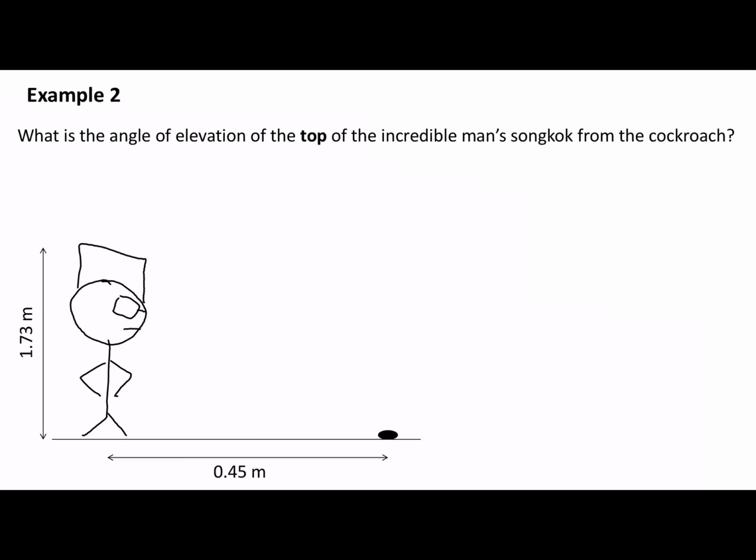So once again, when you draw angles of elevation or angles of depression, you need to do 3 things. First, identify which is the object that is looking and which is the object that's being looked at. Next, you draw the horizontal line. Where? At the object which is looking. Who? In this case it is the cockroach.